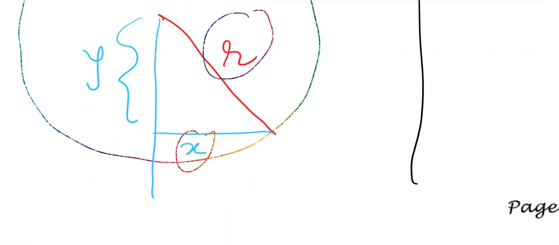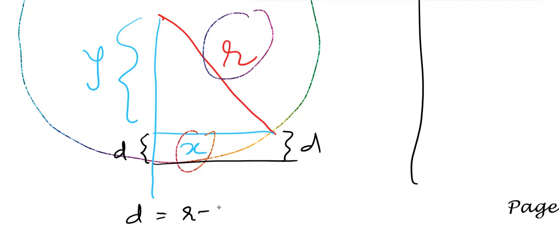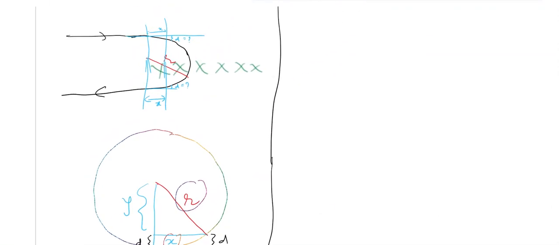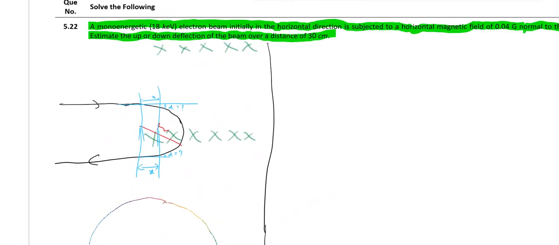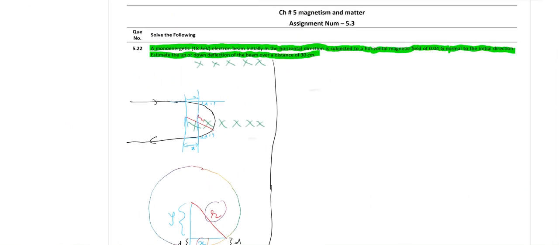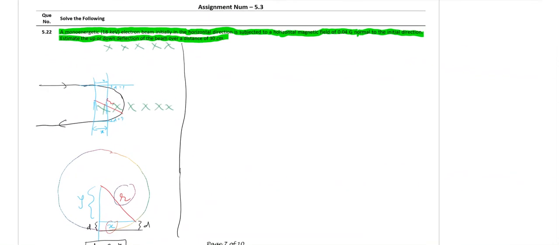Once you find out y, we should be able to calculate d, which is the point of interest. Once you have y, r minus y will give you d, the deflection. So our steps will be: first find out r, secondly calculate y, then we will come to know the deflection.